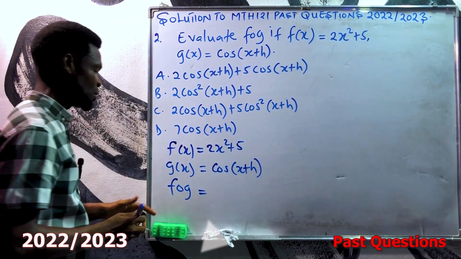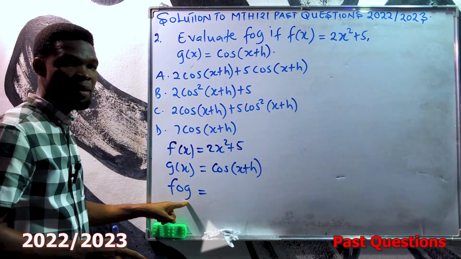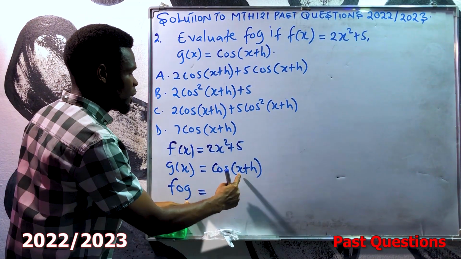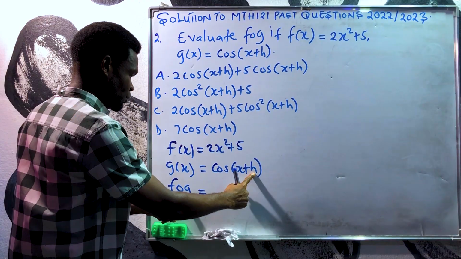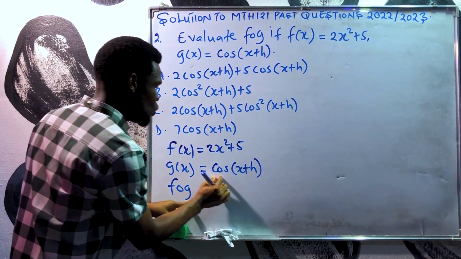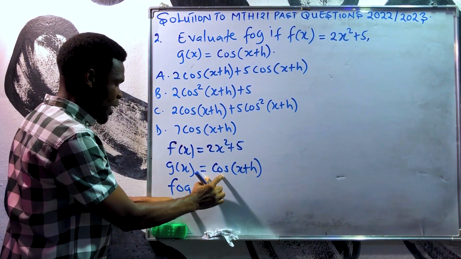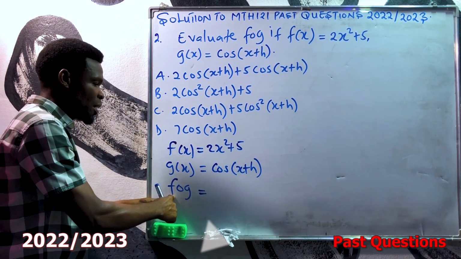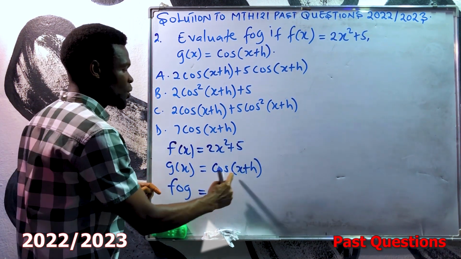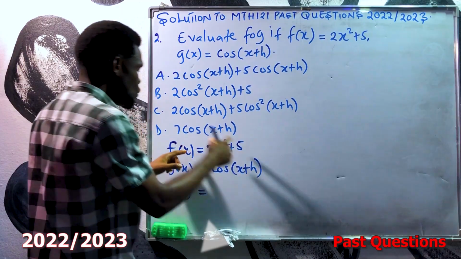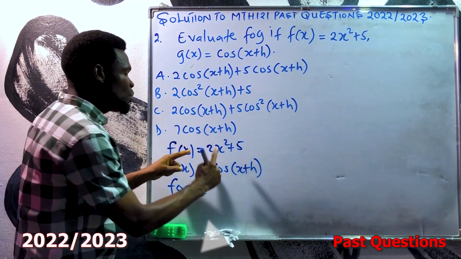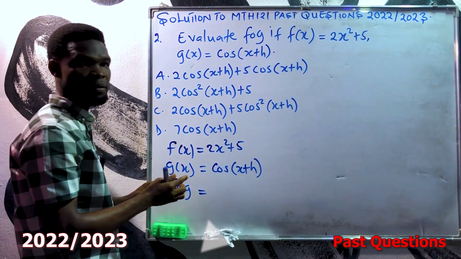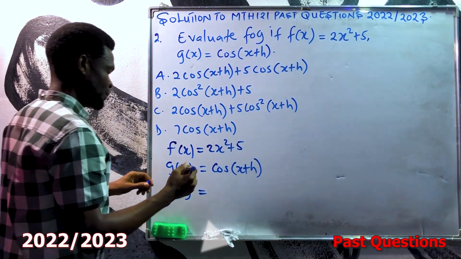So here's my question. What is g function? G is cos x plus h. So you are going to carry the whole of g and then go to the function f and put it inside f. So what is g? Cos x plus h. When you go to the function f, anywhere you see x, put the whole of g. So look at it.